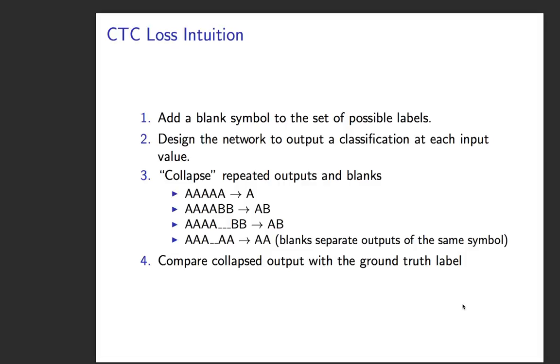But if we're still going to do a classification at each time step, this allows us to assign a ground truth label without worrying about having to label it over time. Like no one has to sit there and say at this time step we're in A, at this time step we're in blank, this time step we're in B, and then do a normal mean squared error on that. We can actually just use natural labels.